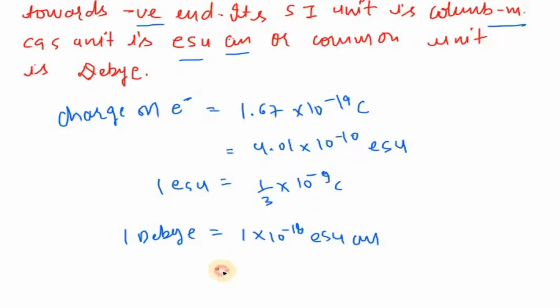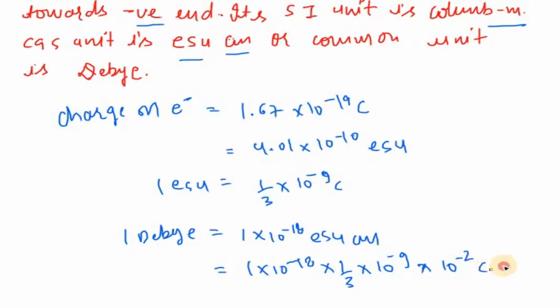If we put the value of ESU in coulomb, it is 1 into 10 raised to the power minus 18 multiplied by 1 by 3 into 10 to the power minus 9, and if we convert centimeter into meter, into 10 raised to the power minus 2, it is in coulomb meter.